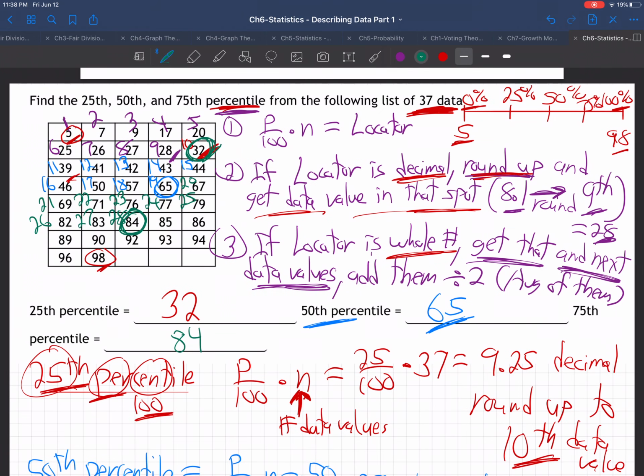Here they are. 32 is 1/4 of the way along. 65 is halfway through, the 50th percentile. And 84 is 3/4 of the way along, the 75th percentile, 75% through the data set. Those are also called Q1, Q2, like the end of the second quarter, and this is the end of the third quarter, Q3, the 75th percentile, 3/4 of the way along. So there's how we find those.